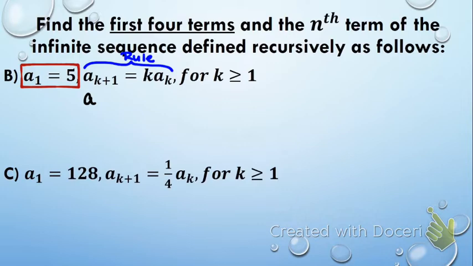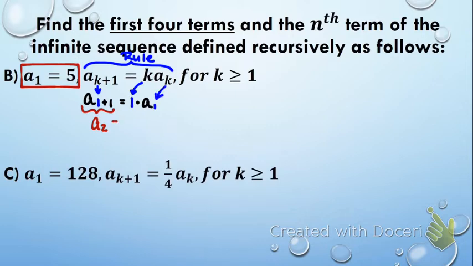So if I want to find the second term, what should I put in the place of k? I'm going to put 1 in the place of k so that I can find my second term. Everywhere I see k, I'm going to substitute in a 1. So here, I'm going to put a 1 in, and we're going to multiply that with the first term.